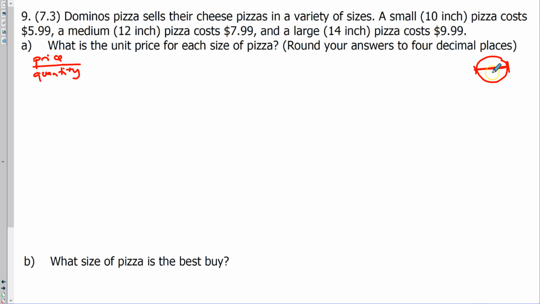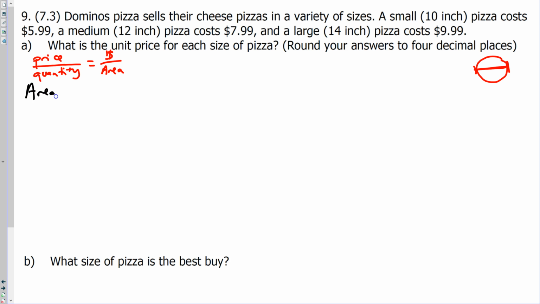So they gave us the diameter, but that's not going to be an accurate way to measure our unit price. What we need to calculate is the area. What is the price I'm paying for the area of pizza that I'm going to be eating? So we need to calculate the area of our pizzas to actually get these done correctly.